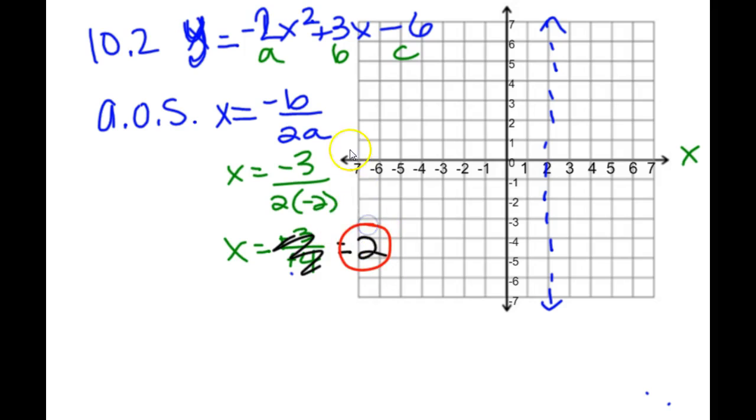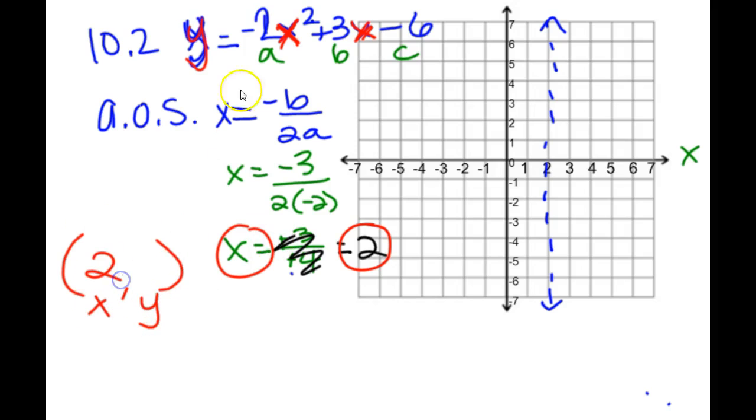Then you'd have to plug 2 back into your equation for x, because you know that's what x is equal to, to find y. That point, once you find x and plug it back in, x and y, let's pretend we plug it back in and we get y as negative 1. That would be our vertex right there.